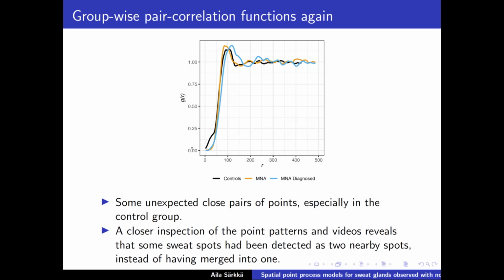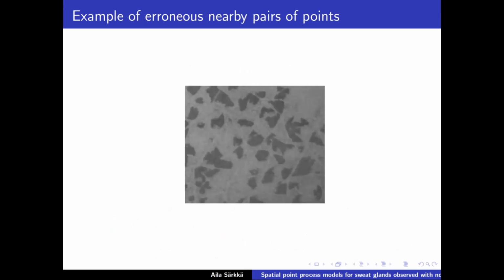And then when we looked at the videos more carefully, we saw in fact that there were some close pairs of points that shouldn't have been there. They were detected by our image analysis approach as two points, even though there was only one. To explain this, I zoomed in on one of the videos. If you look at this spot here in the middle, it is in fact one spot, but the image analysis approach recorded it as two spots.